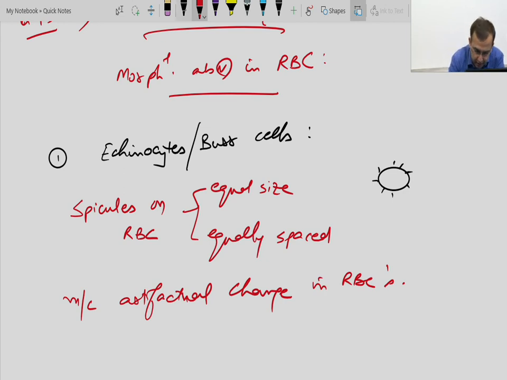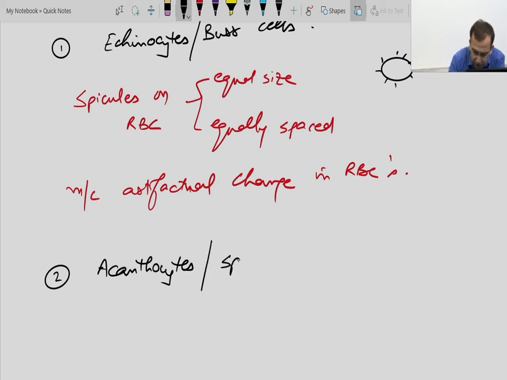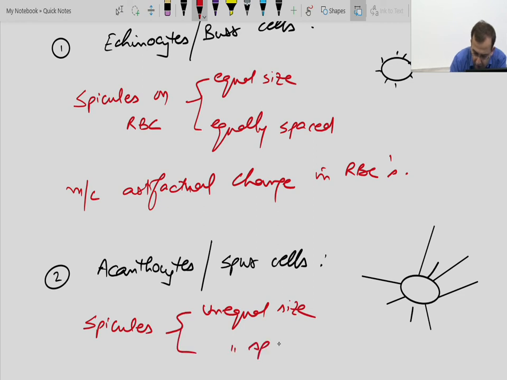Echinocytes or Burr cells. Differentiate these from acanthocytes, or spur cells, which show spicules on the RBC surface which are of unequal size and are unequally spaced.